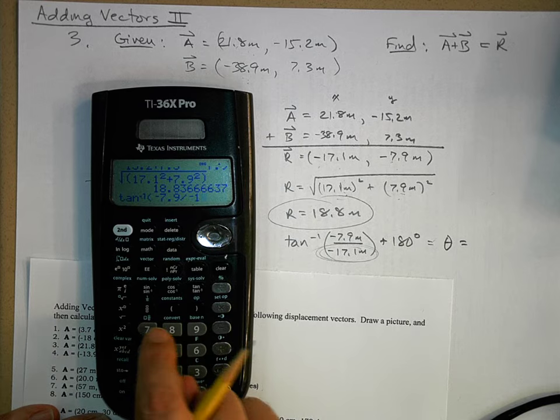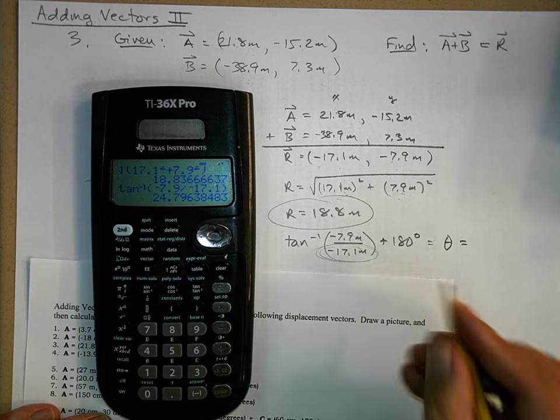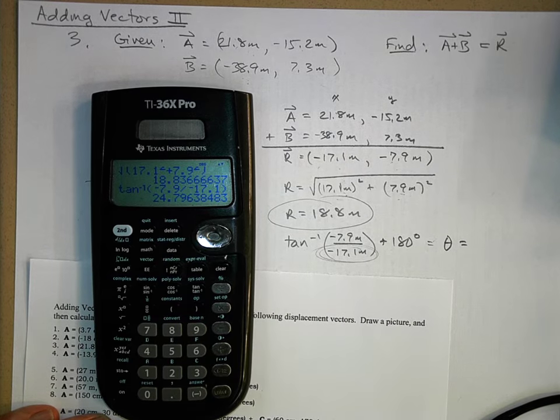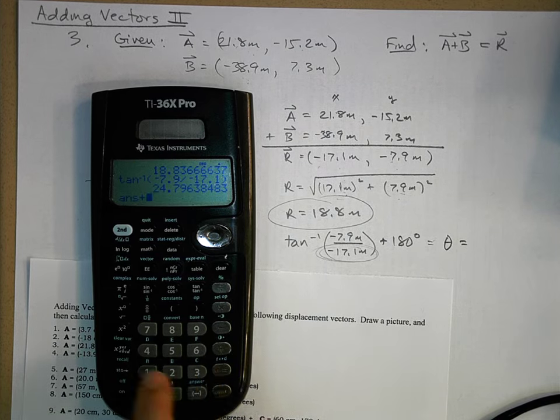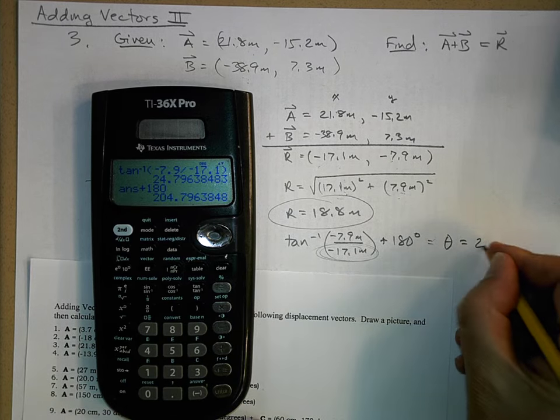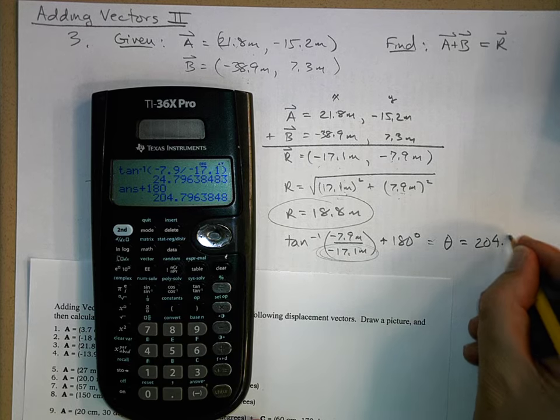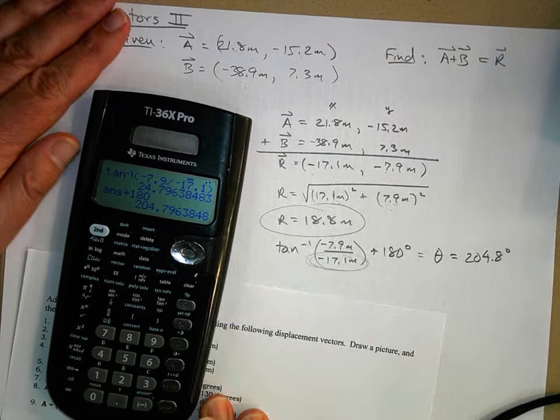That was silly for me to type in those negatives, but I did it. Enter. 24.79. Now 24.79 is in the first quadrant, but we're 180 degrees away from the first quadrant. So I'm going to add 180, and I get 204.8 degrees.